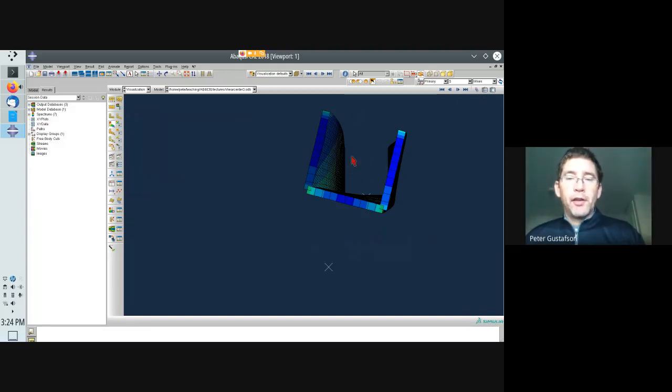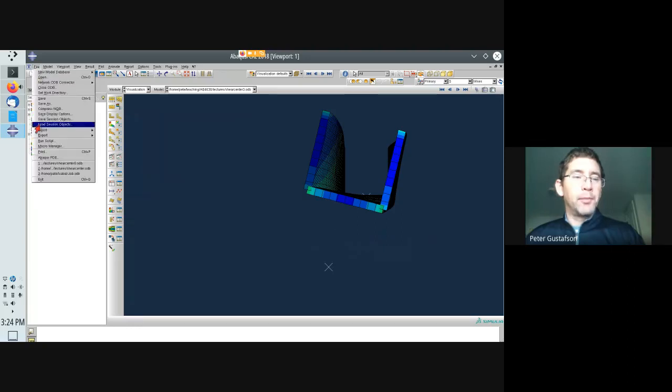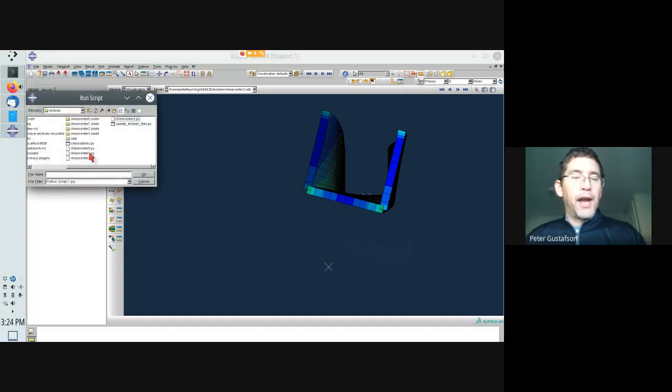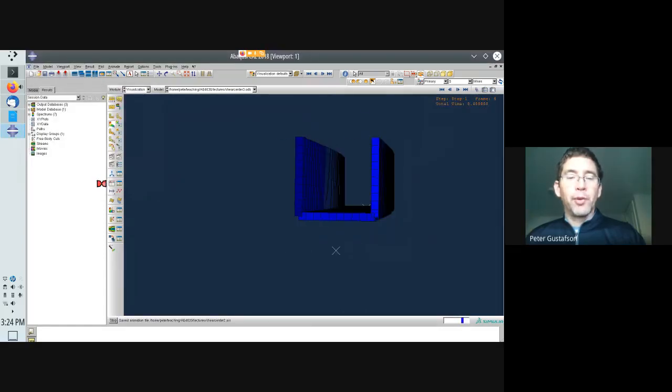So somewhere between here and here, if we apply a load, this thing is going to bend without twisting. That is the concept of the shear center: the location where, if we apply our load through that point in a resultant sense, it bends without twisting. And this is pretty close to the shear center.